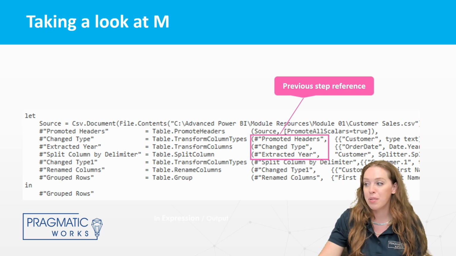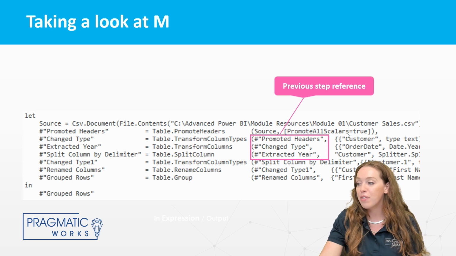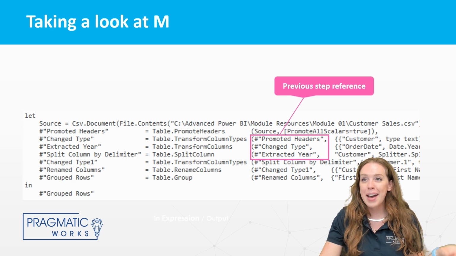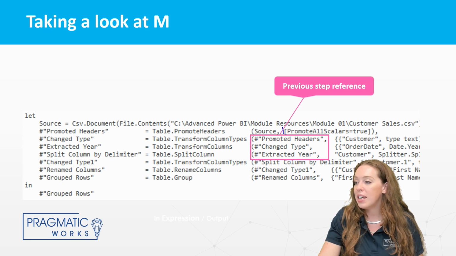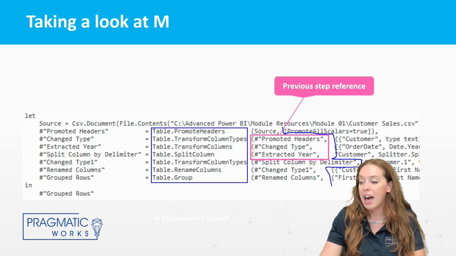And after that previous step reference, everything after the comma is all the actual nitty-gritty details of what we are doing over here. All of that goes right back to this command that we have here.